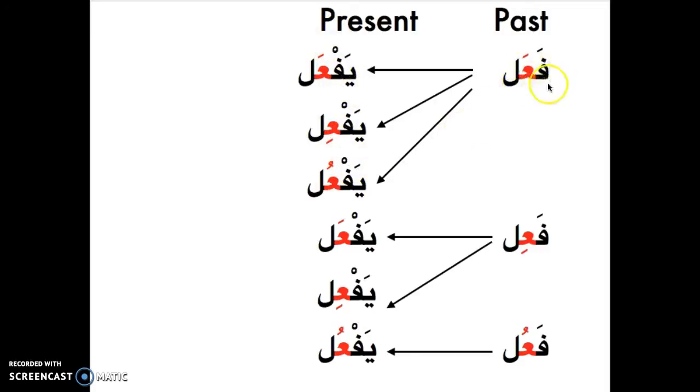So you might find another verb that looks like this in the past, and then it would look like that in the present. And you find another one that looks like this in the past, and it looks like that in the present, and so forth. So that's basically like the verb came before the rule, if you know what I mean. Like they did not make the rule and then stop making words up. I don't know, this is how it works.